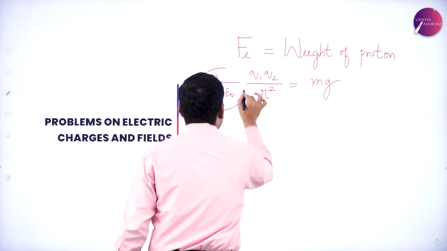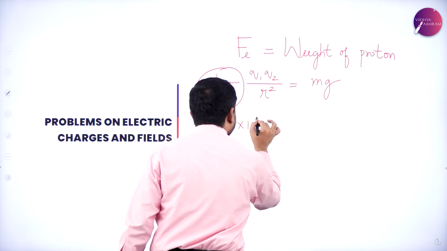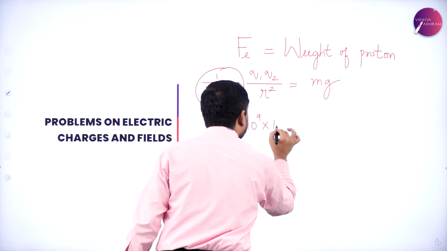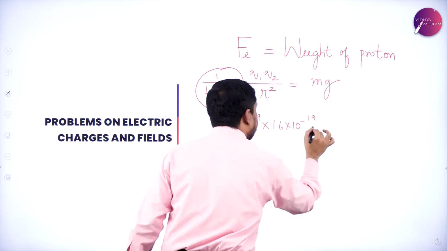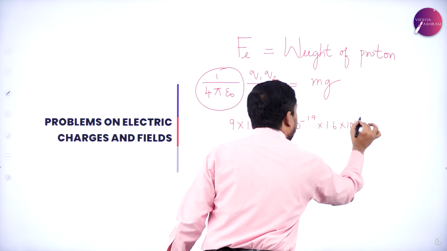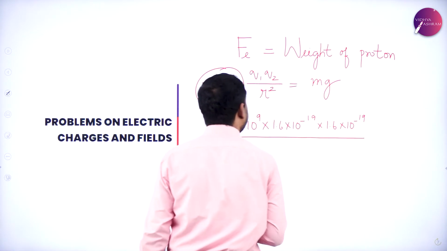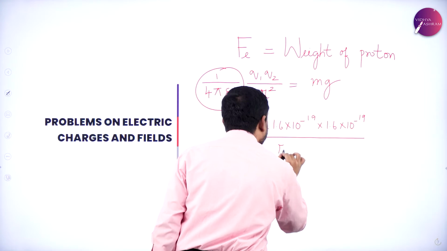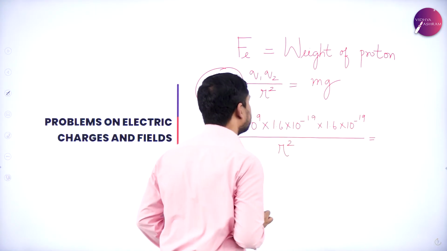Again, 1 by 4 pi epsilon naught, 9 into 10 power 9, 1.6 into 10 power minus 19, 1.6 into 10 power minus 19 divided by R square. R square has to be calculated.